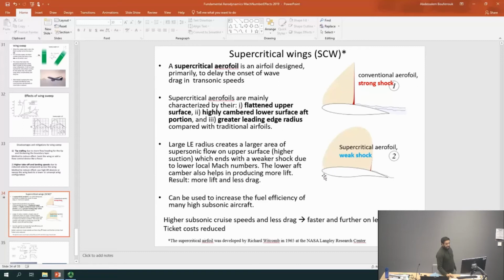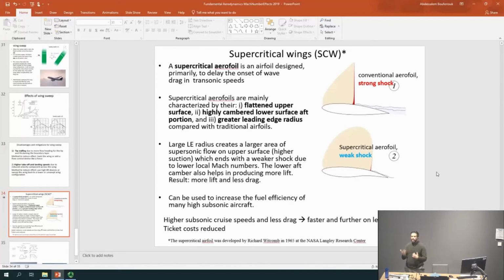The leading edge radius for supercritical is larger compared to the leading edge radius of a conventional. I know these two graphs do not really demonstrate that, but this is what it's meant to be. What else? Number three is, if you can see this cambered section here towards the trailing edge on the lower surface, once you see that, you know this is most likely a supercritical airfoil.